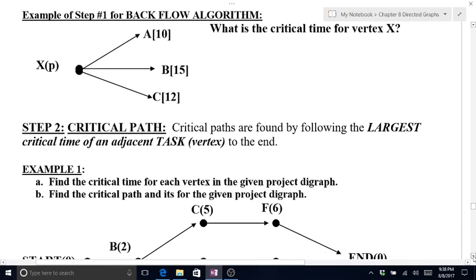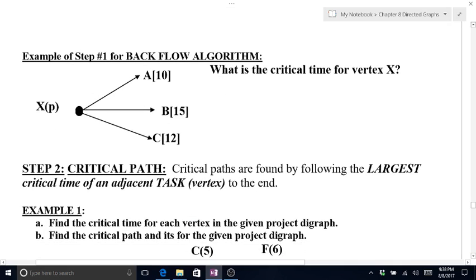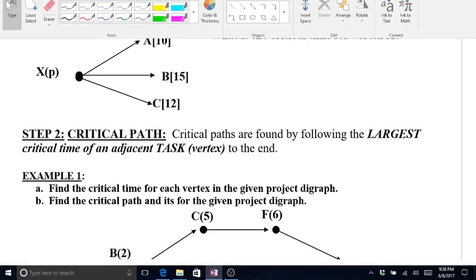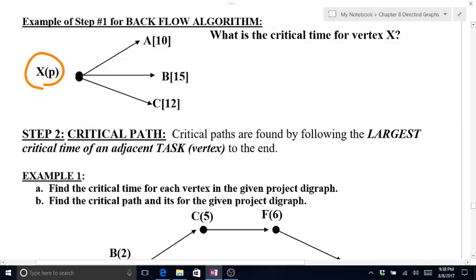Example of step 1. What is the critical time for vertex X? Vertex X is back here. What is the longest time from any one of these points back?